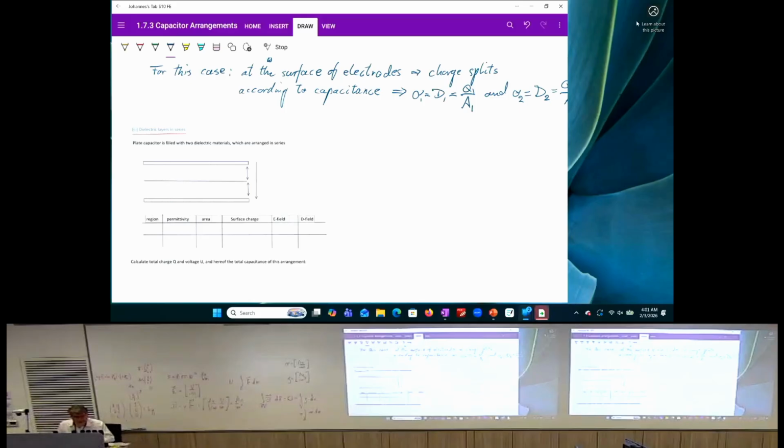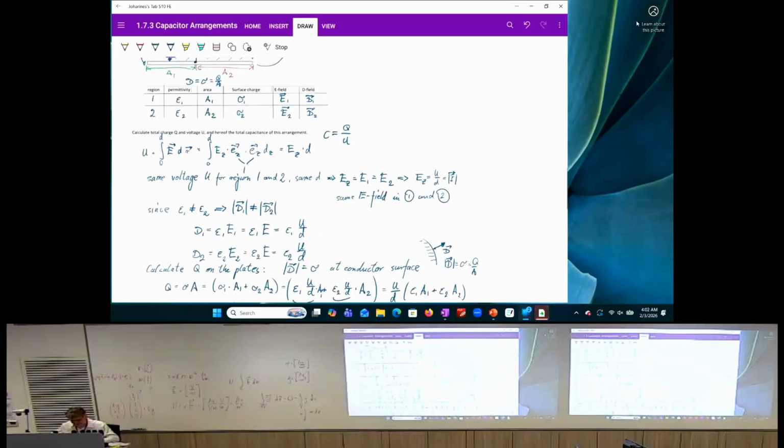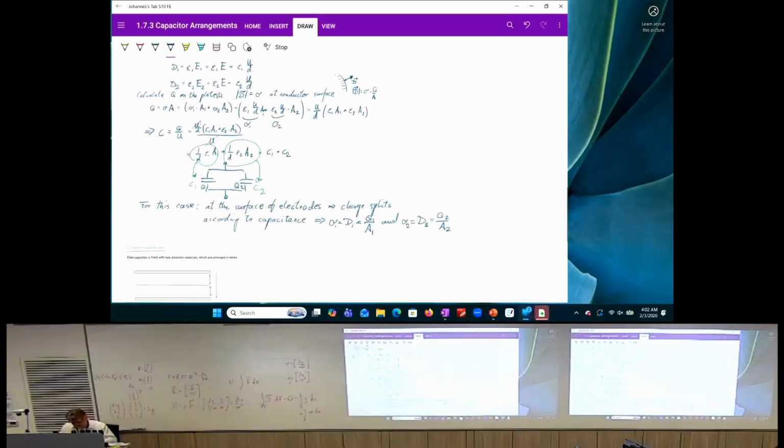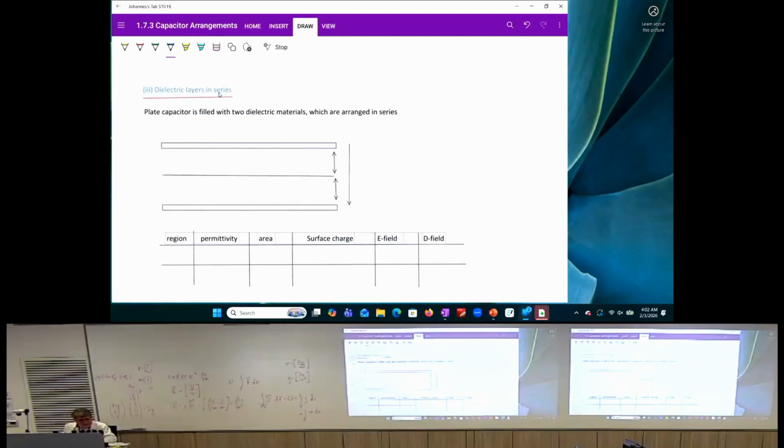And now we repeat the whole thing in a slightly different variation, and we use a parallel plate capacitor, but this time the scenario is slightly different. In the first case, you have a material epsilon 1 side by side with a material with a permittivity epsilon 2. Now we do the similar concept where we have these two layers on top of each other.